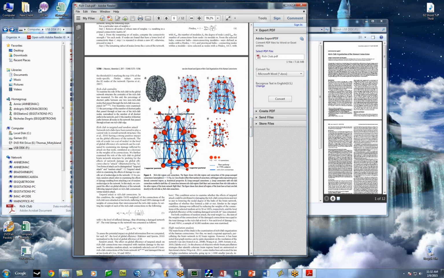So what you really want to do is start looking at that superior parietal and that superior frontal, because you can see the way it's connected here. Those are the areas that basically act as a connection for every other Rich Club in the brain. It's the one with the highest amount of connections.